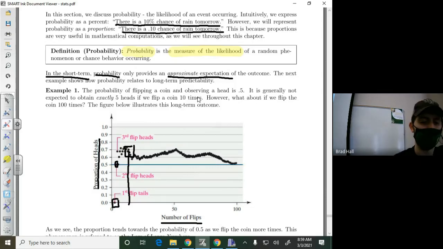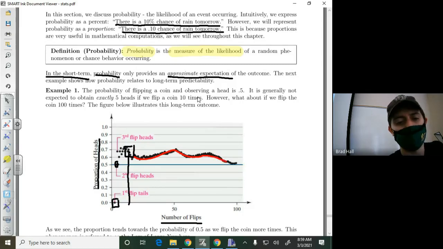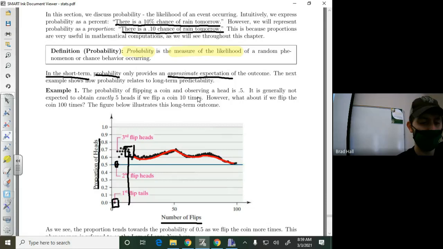But notice as you flip the coin more, the proportion of heads that you get gets closer and closer to 50%. And this is a very important idea. So this tells us about what happens in the long term.